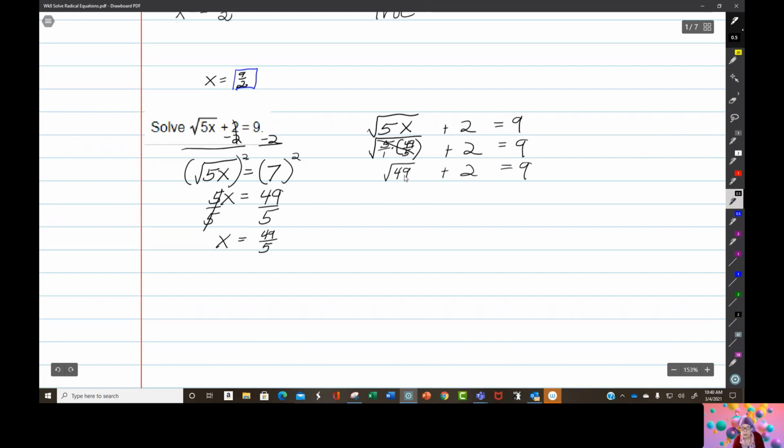Now, is that true? The square root of 49 is 7. 7 plus 2 is 9. 9 equals 9 is a true statement. So this is true, which means this is true.